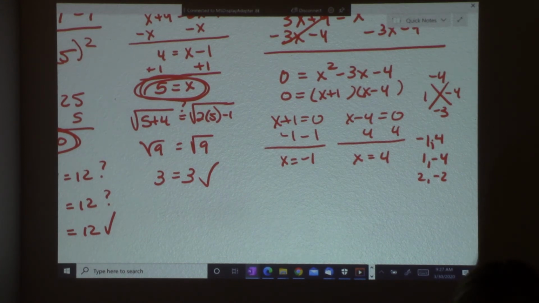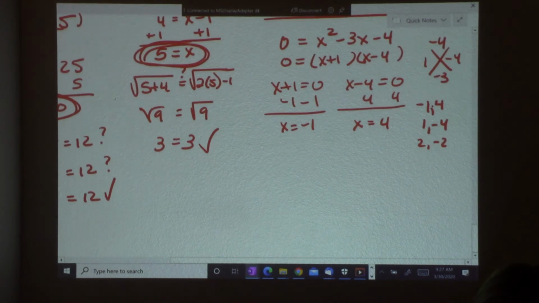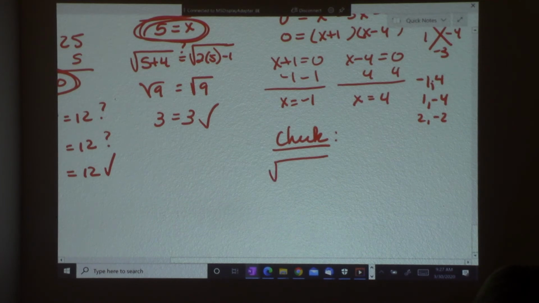So let's see what happens when I check. The square root of 3 times negative 1, I'm putting negative 1 in here, plus 4, does that equal negative 1? Well, let's see.